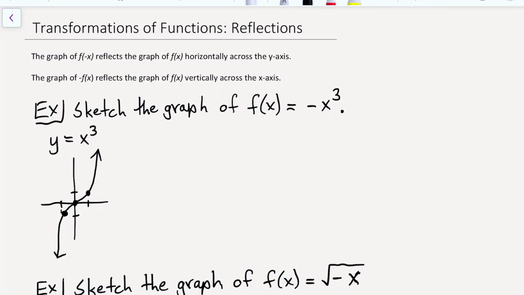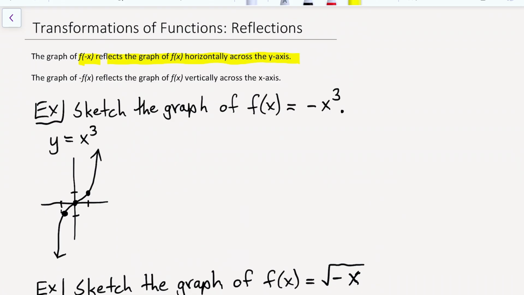In this video, I'd like to look at some transformations that result from introducing negative signs into our toolkit functions. If we take a negative sign and introduce it to the input of a function, this will result in a horizontal reflection. The graph of that function will be flipped across the y-axis.